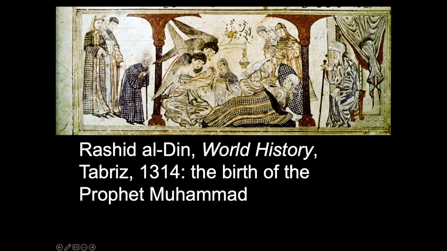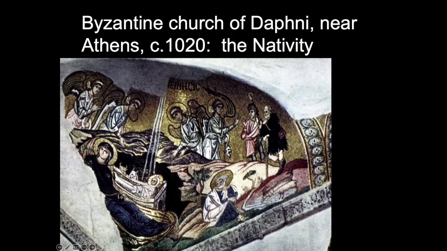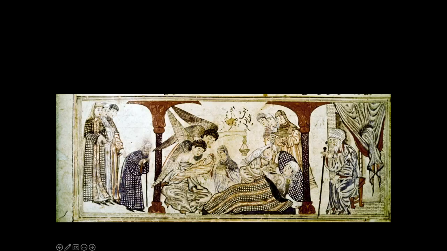Joseph, who is demoted to the part of a bit onlooker, you have trouble recognizing him. There he is. In Byzantine art, he is replaced by Abdul Muttalib, Muhammad's grandfather, who was to act as Muhammad's guardian as he grew up.